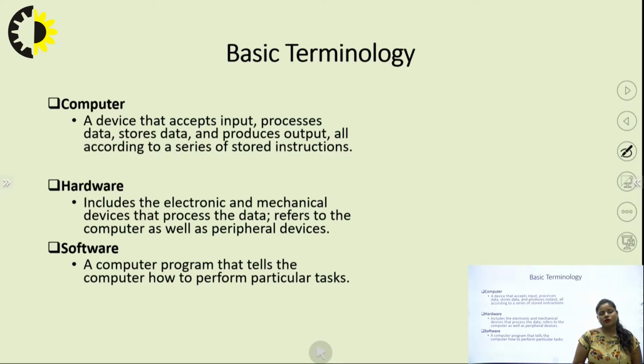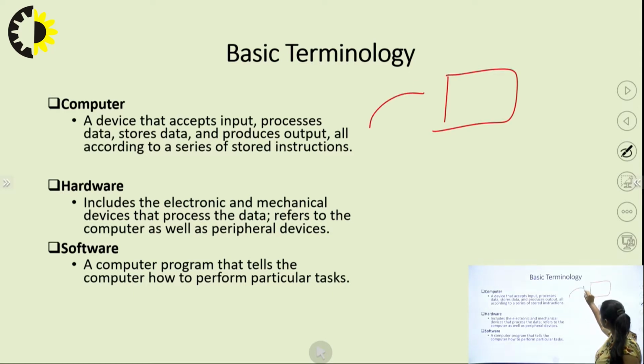First, the word computer, because it is mentioned in the subject name, computer organization and architecture. A computer is a device that accepts input, processes data, stores data and produces output, all according to a series of stored instructions. It accepts some input and processes the data it gets from the input side.